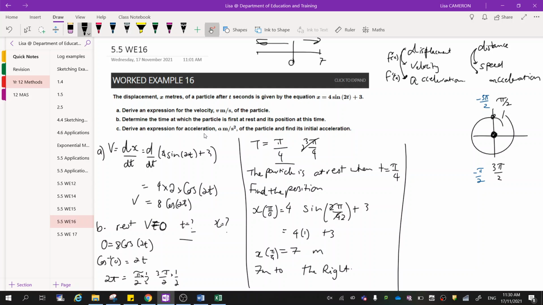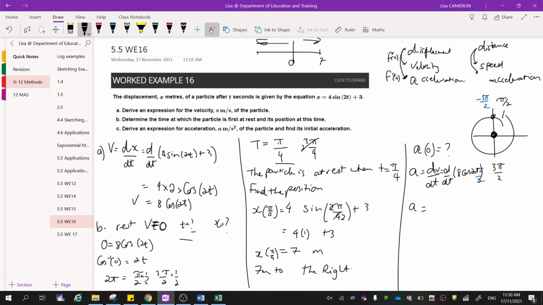Okay, next step. Derive an expression for the acceleration of the particle and find its initial acceleration. So we're going to find the acceleration and then we're going to let it equal the time equals 0 and find out what that is equal to. So if I want to find the acceleration, that means I'm going to derive my velocity function with respect to time, which means I'm going to derive 8 cos 2t.